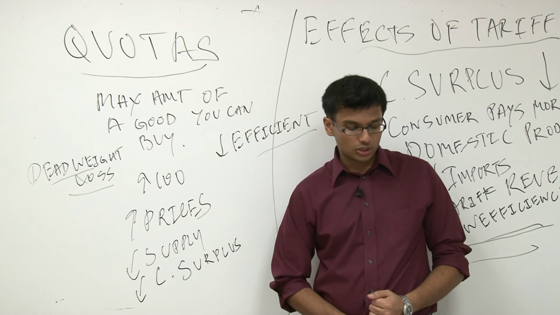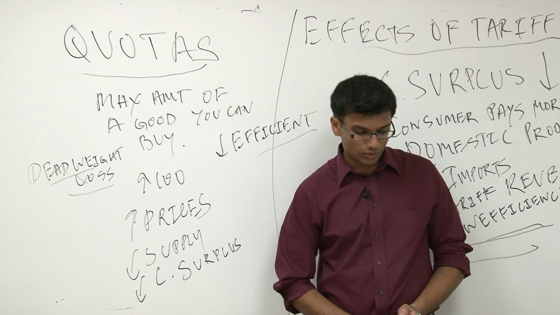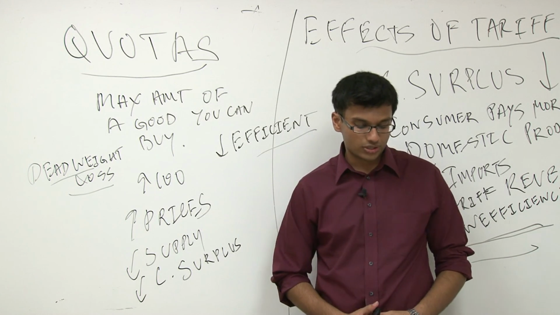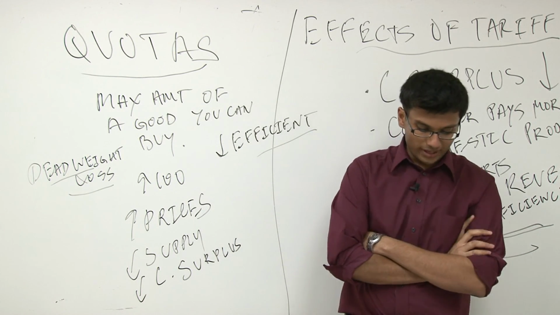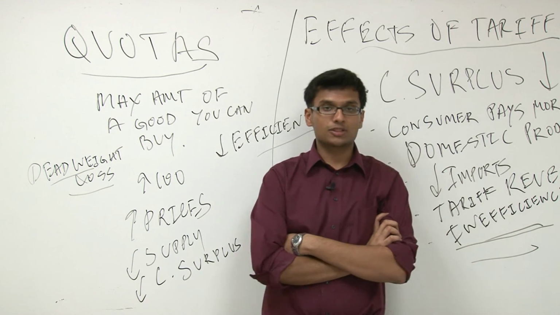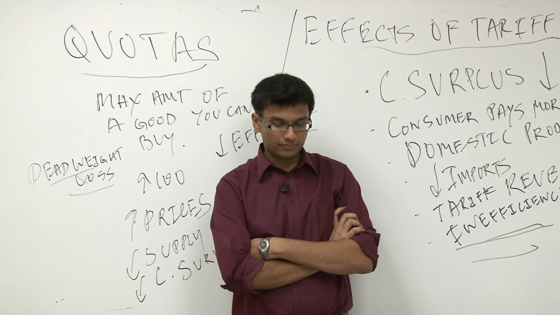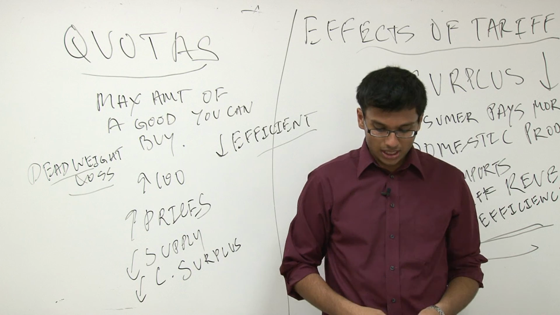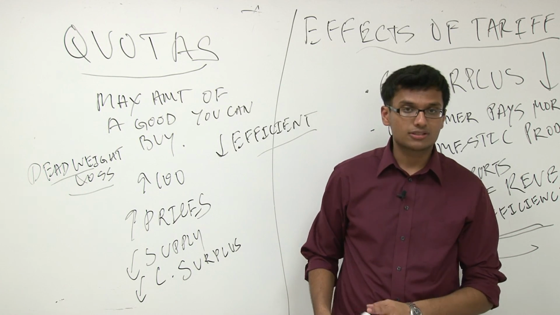Effects of tariffs include consumer surplus lost, consumers pay a higher amount, domestic producers benefit, imports can go down, tariff revenue is created, and inefficiency goes up. Quotas are basically the max amount that a good can be imported into the country. So these are all the main parts of this lesson.